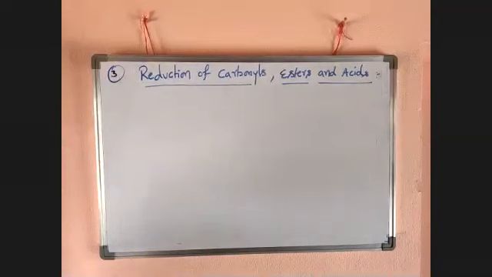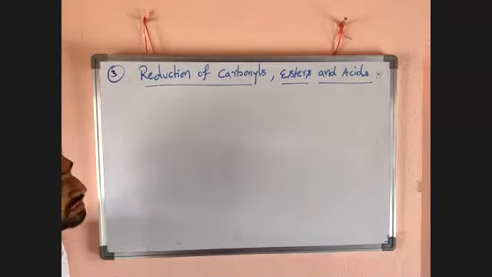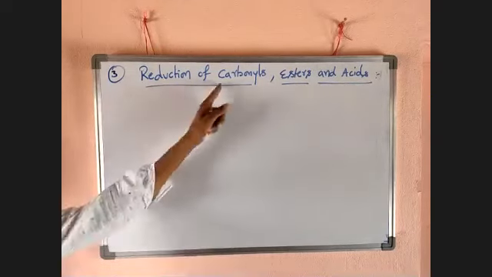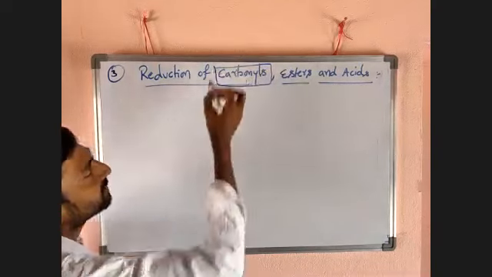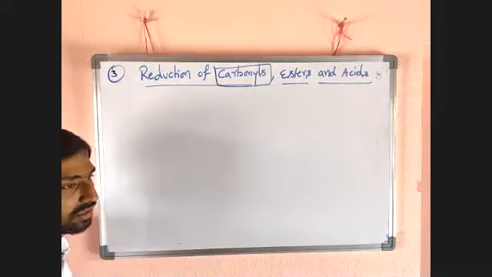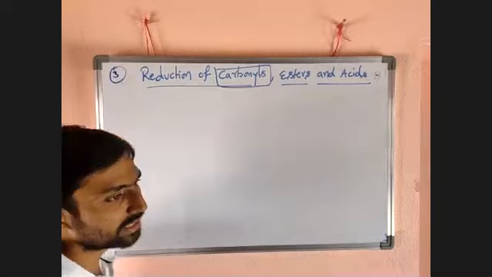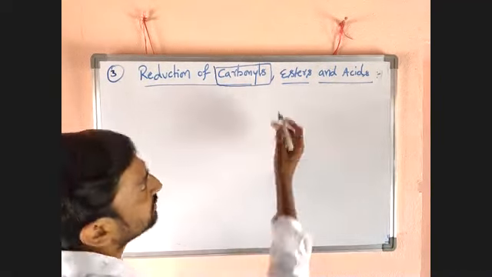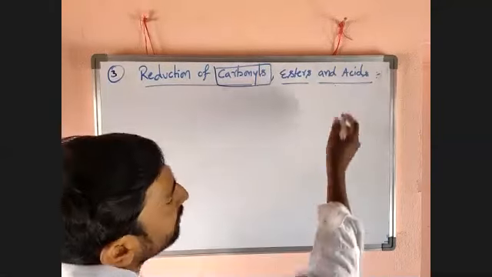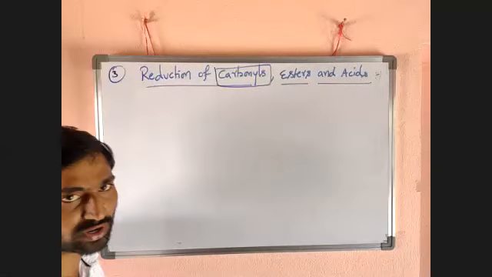Very important. Carbonyls means aldehydes and ketones are called carbonyl compounds. Esters are nothing but the well-known RCOOR. Acids are nothing but COOH compounds.